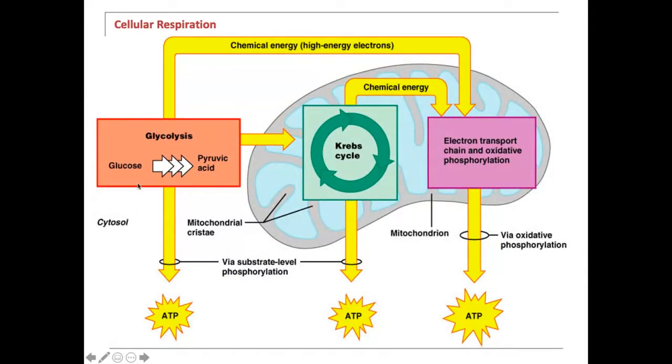So in terms of cellular respiration, you have to remember that glucose can be broken down. We call that glycolysis. When you break down glucose, it's broken down into pyruvic acid. So you're taking a 6-carbon sugar, glucose, breaking it down into 2 3-carbon sugars called pyruvic acid. Now, as long as you have oxygen available and you're breathing and you're not out of breath, huffing and puffing, pyruvic acid can enter the mitochondria.